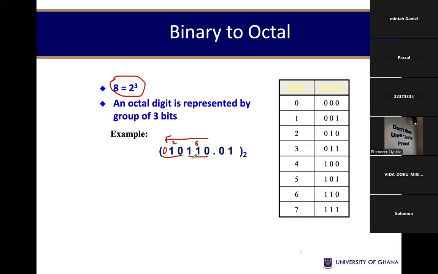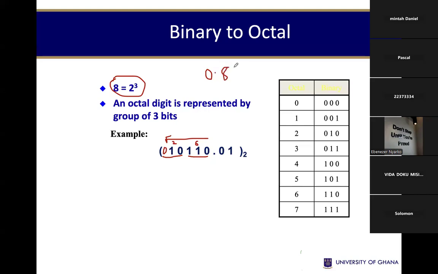So it means that the whole part, or the integer part, gives me 26 in octal. Now, to get the fraction part, using the same example, let's say I have 0.8.